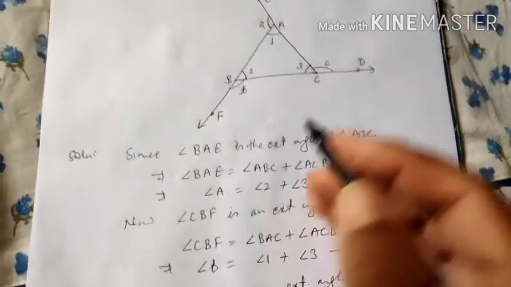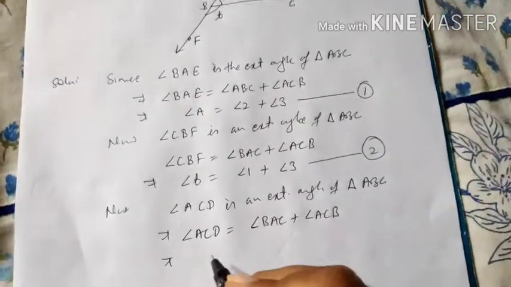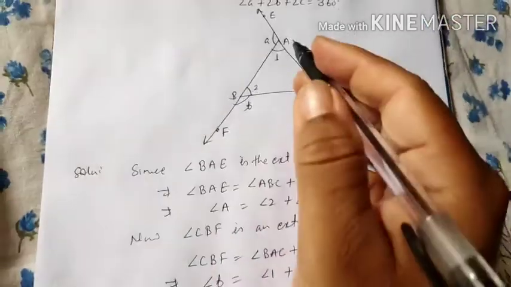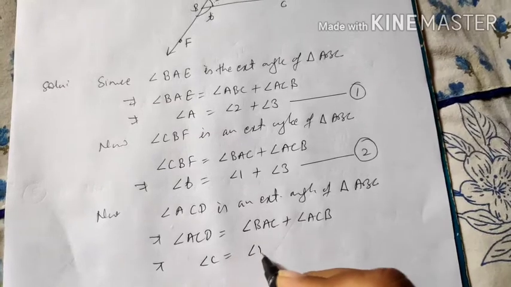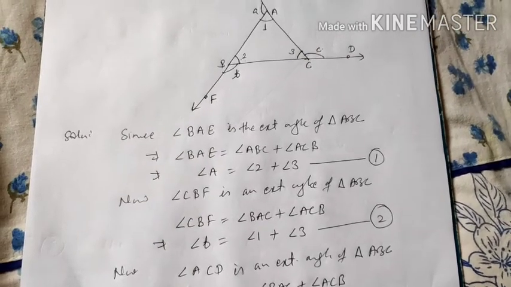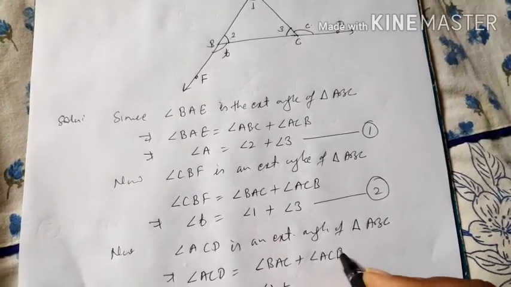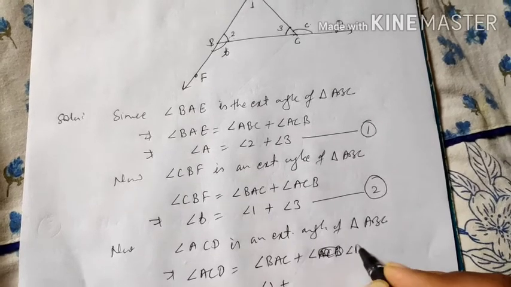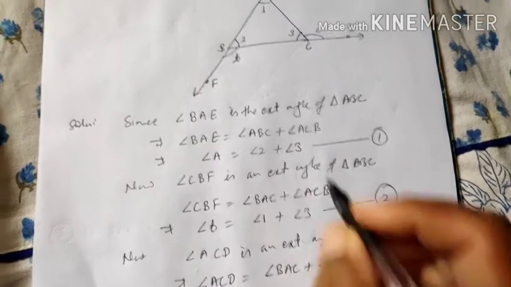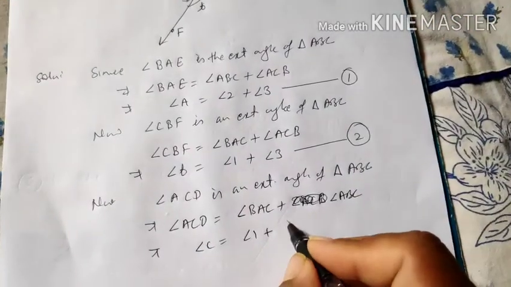And this implies ACD, that is angle C, equals BAC, that is angle 1, plus ABC, that is angle 2.